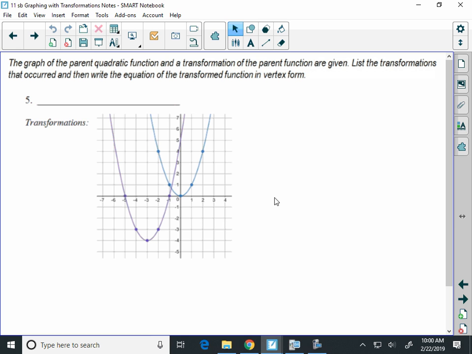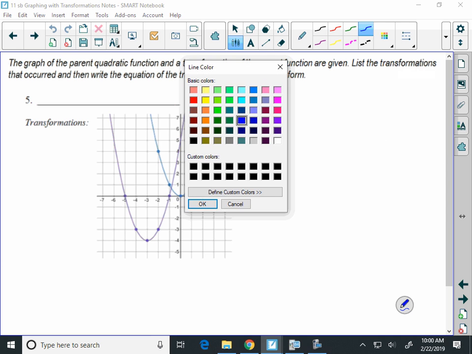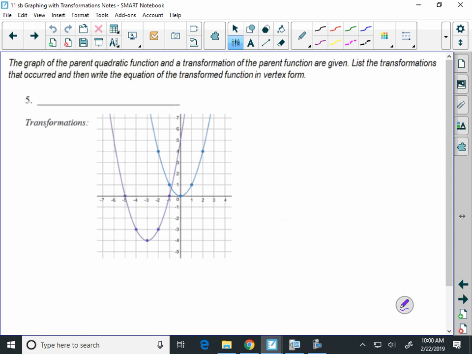And if we look at our parent function, 0, 0, our new vertex is now negative 3, negative 4. And what we did to get there is we moved our graph left 3, and then we went down 4.